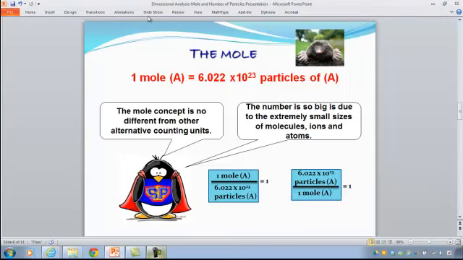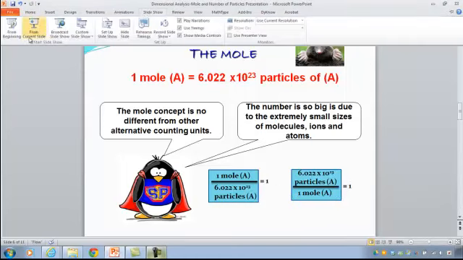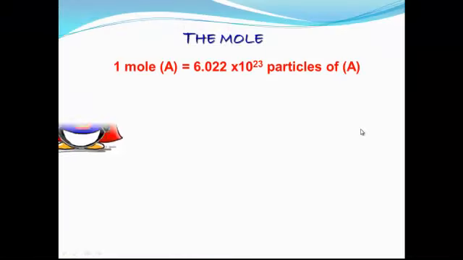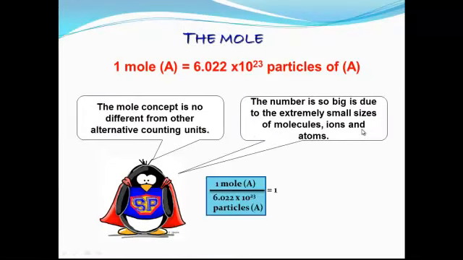We're back, and the animation show starts again, and we went all through that. Now the conversion factors in correct format: 1 mole of A divided by 6.022 times 10 to the 23rd particles of A equals 1, or you can reverse that: 6.022 times 10 to the 23rd particles of A divided by 1 mole of A equals 1.